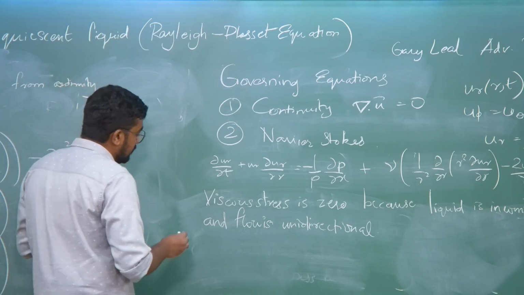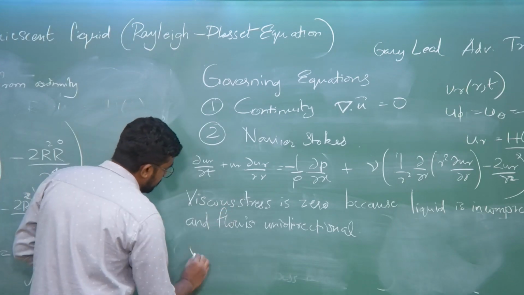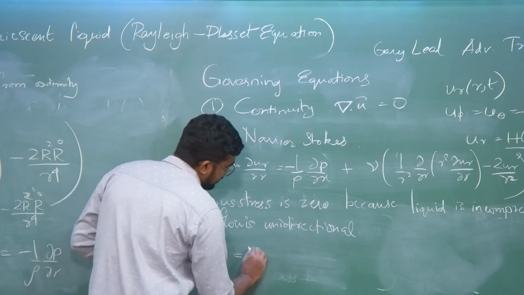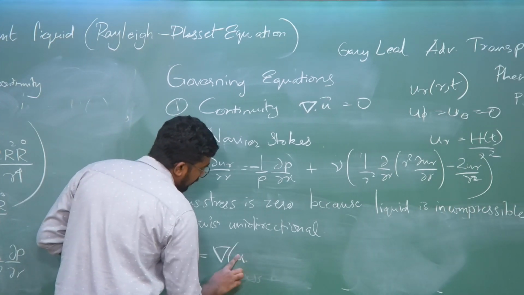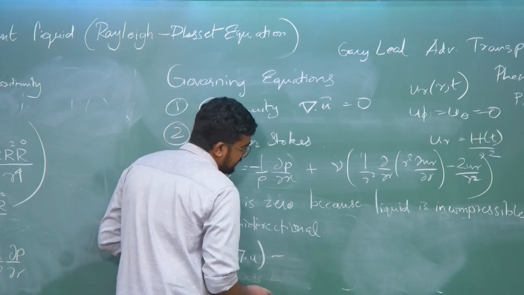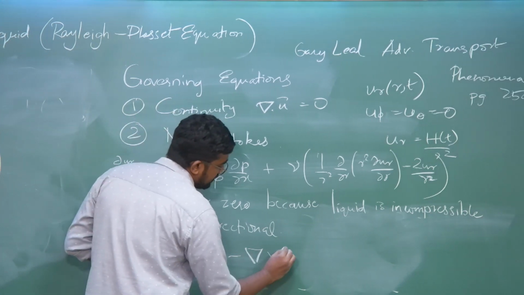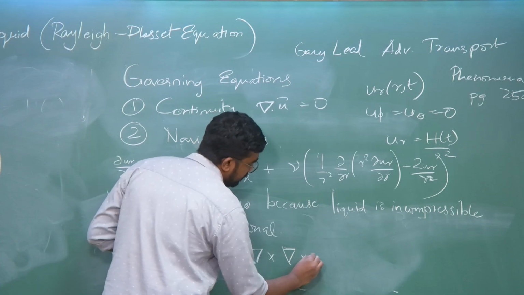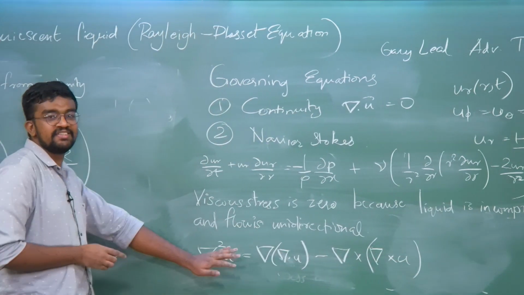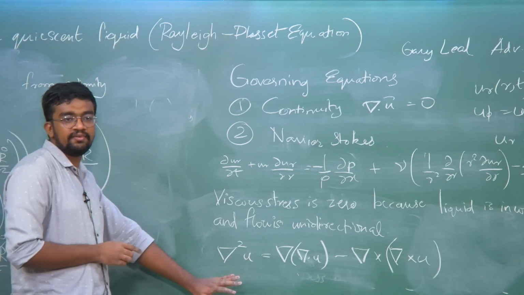Mathematically, if you want to understand, there is an identity that says del square u is del dot u minus del cross u. This is a mathematical identity for any vector.